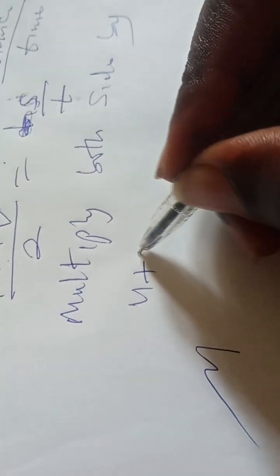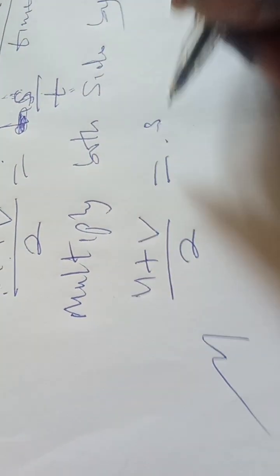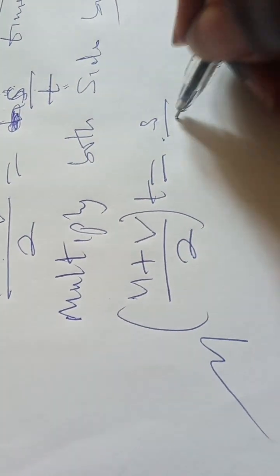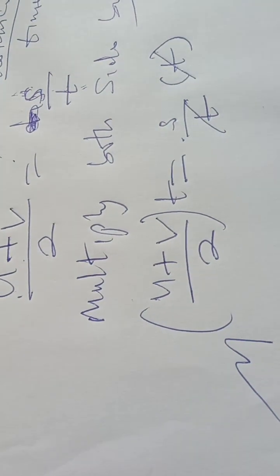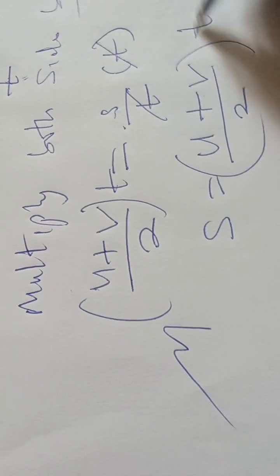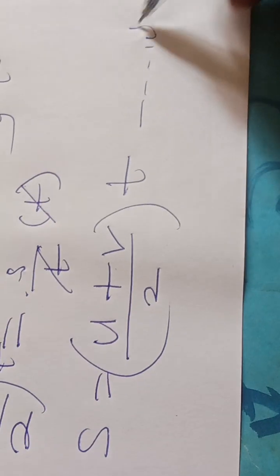So u plus v over 2 times t is equal to s over t times t. The t cancels t, therefore s is equal to u plus v over 2, all multiplied by t. This is the second equation.